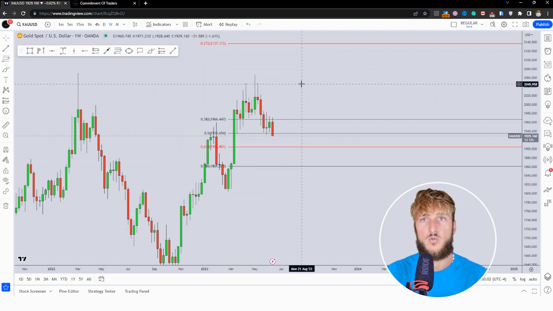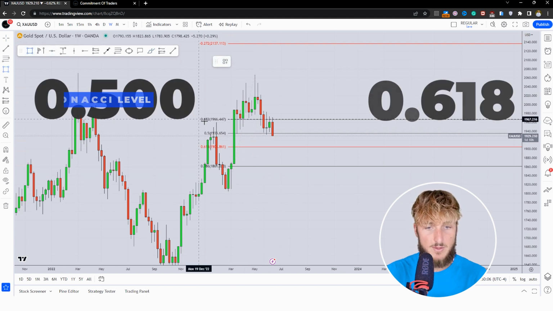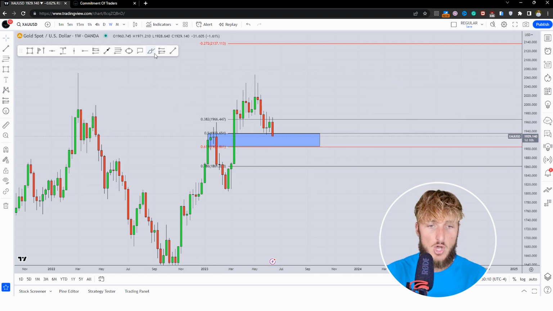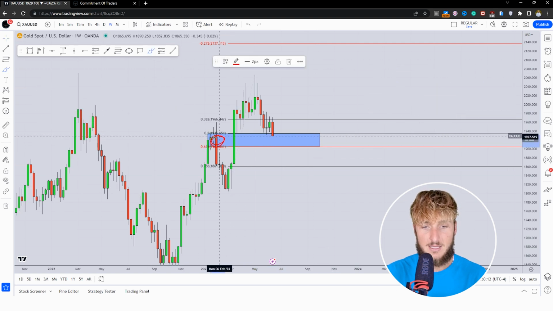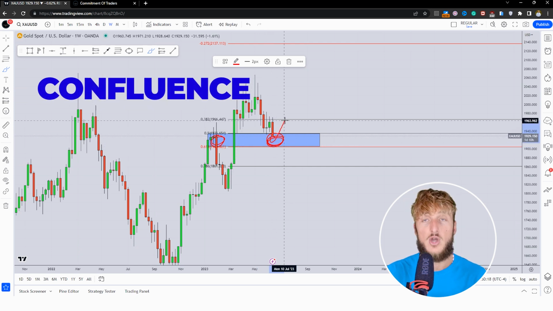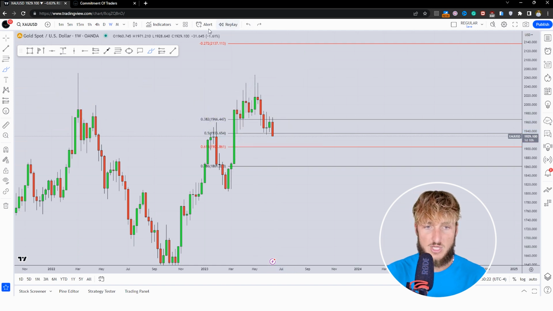And if we do that, what we can see is that the market at the moment has the 50% and 0.618 Fibonacci retracements lining up exactly at this previous resistance turned support level, which creates confluence of support at this zone, where we could expect this market to potentially reject to the upside.